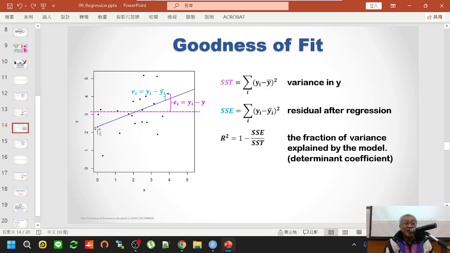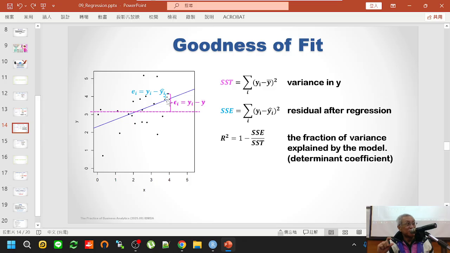As I told you, Y hat lies along this linear line. So if we estimate Y with this line, the error is actually smaller. The error from Y to its average and the error of Y toward the model estimation are different.